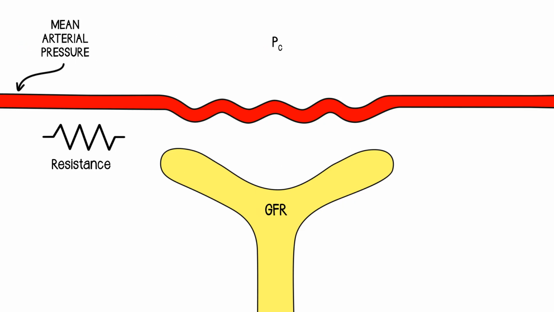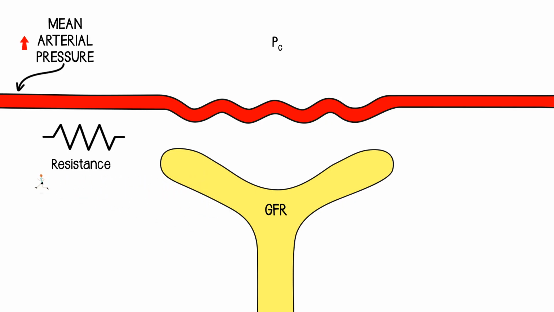Now, it turns out that mean arterial pressure can change for lots of reasons. It's regulated homeostatically by the body, but it is allowed to fluctuate. And in different types of exercise, mean arterial pressure typically rises to some extent, often quite a small extent, but it will still rise. Now imagine if you're exercising, your mean arterial pressure went up.